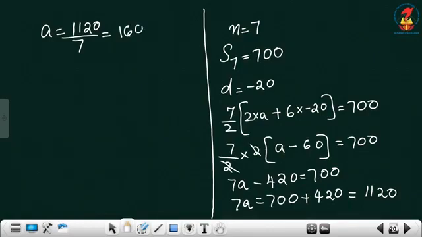So 160 it is. But we have to find all the 7 prizes. So a is the first one.